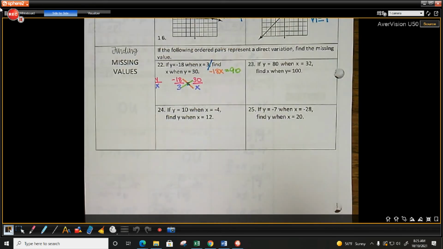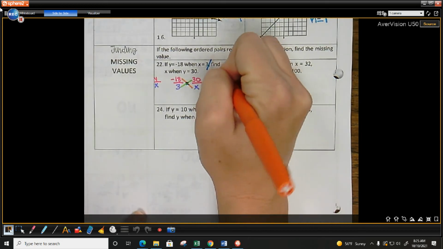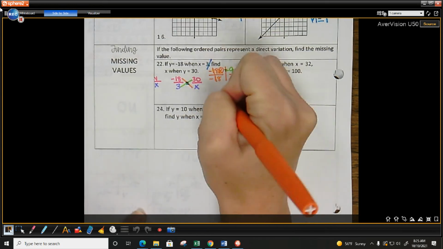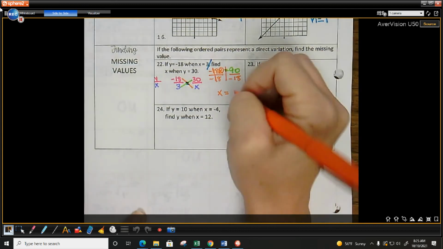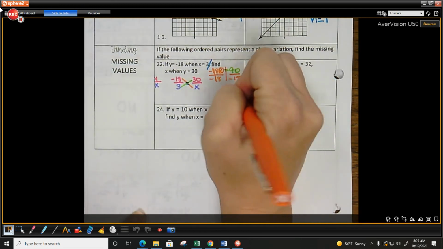Are we good with that? Now we need to solve for x. What am I going to do? Divide by negative 18 on both sides. And we get x equals negative 5. Done.